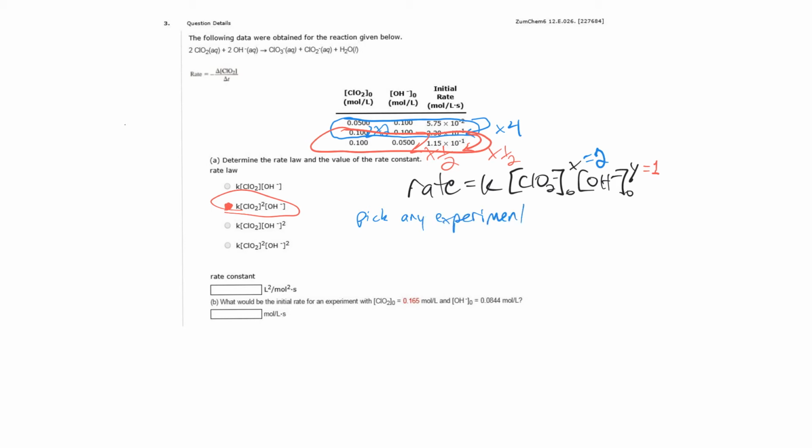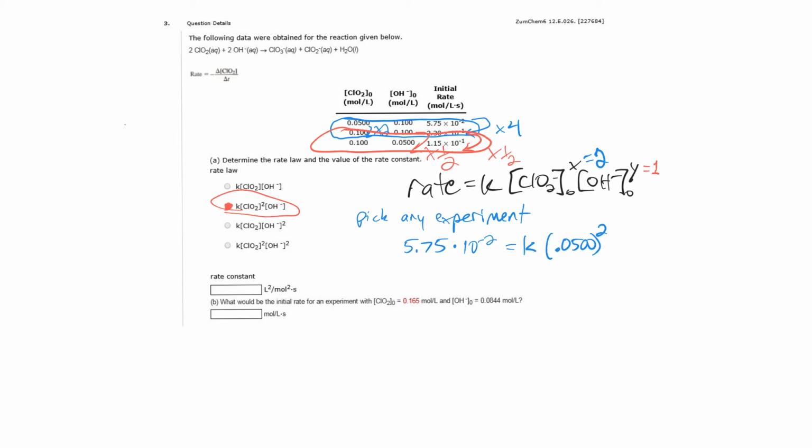I'll just use the first experiment that they give us, and they say the rate in the first experiment of 5.75 times 10 to the negative second should be equal to some rate constant K. And then I'm going to plug in the value of the ClO2 concentration, 0.0500, and I'll raise it to the exponent that we know.